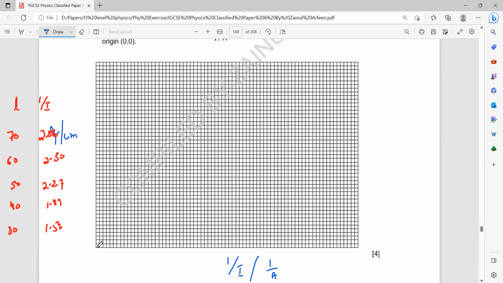So if I start, for example, with 30, then after 10 boxes, it will be 40. Then after 10 boxes, 50 will be there.